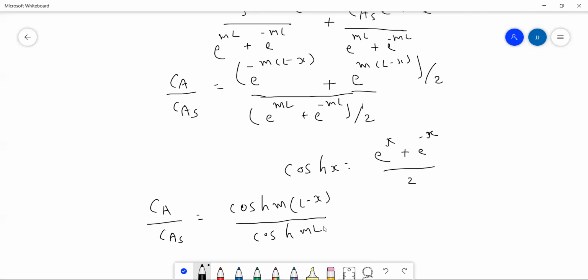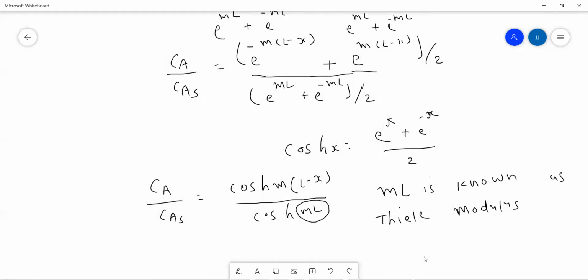Here ml, m into L, is known as the Thiele modulus.